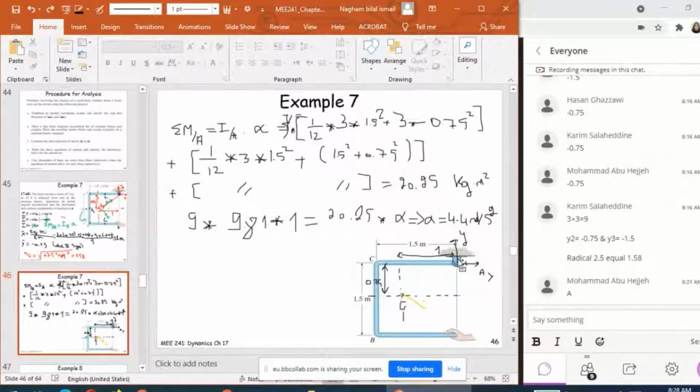Sorry. So this is the normal. And this is the tangential. Then, guys, I know that this normal direction is towards A, all right?